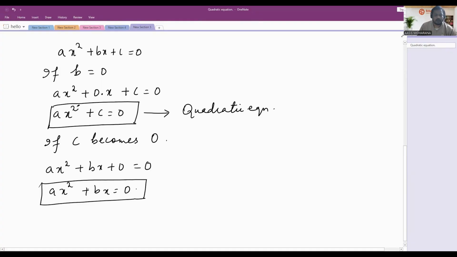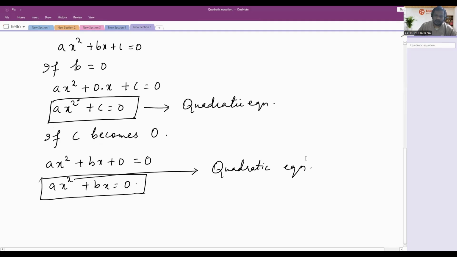It should be of a single variable. Yes, it is of a single variable. And what about the degree? Here it is 2. So yes, it is a quadratic equation. So we have concluded that if a becomes 0, it cannot be a quadratic equation. And if b or c becomes 0, then it is still considered to be a quadratic equation.